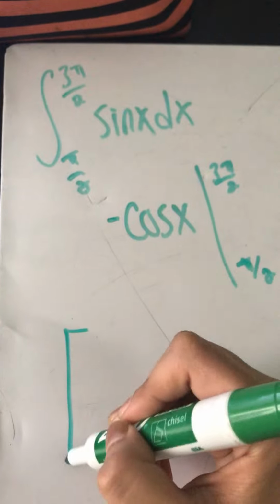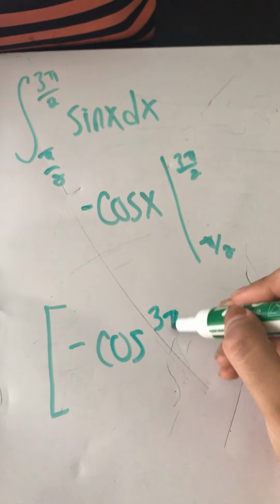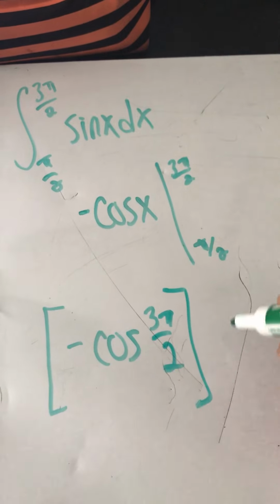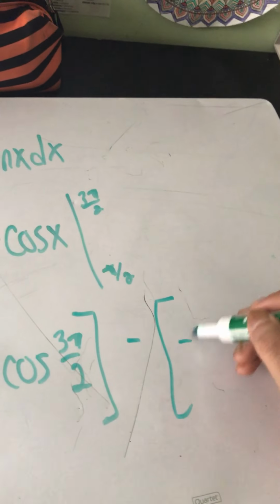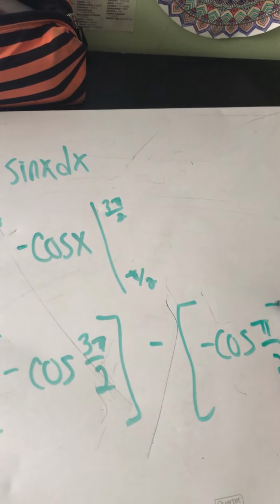So you get negative cos of 3 pi over 2 minus negative cosine of pi over 2. And if we think back to the unit circle, cosine of 3 pi over 2 is just 0. So we basically just get 0 on this side.